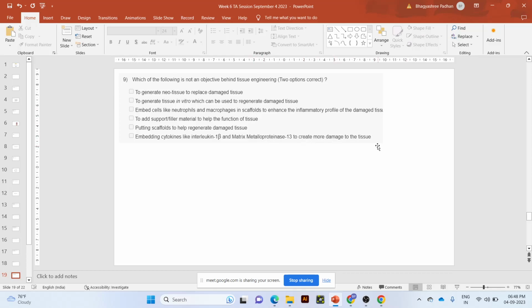We don't want to create more damage, rather we want to regenerate or help repair the damaged tissue. So these two options, embed cells like neutrophils and macrophages and scaffolds to enhance the inflammatory profile of the damaged tissue, and embedding cytokines like IL-1 beta and MMP13 to create more damage to the tissue, are the two options that are not objectives of tissue engineering.